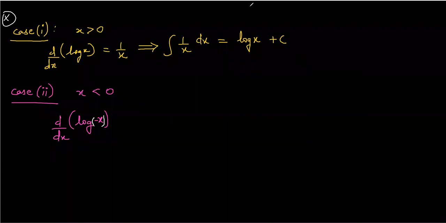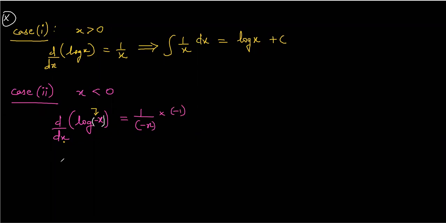So here, now I differentiate d by dx of log minus x. As you know, students, this is now a log function, but the variable of this function is not matching with this. It is log of f of x because it is minus x, whereas you are differentiating with respect to x. So its derivative will be 1 upon minus x into d by dx of minus x, which is minus 1.